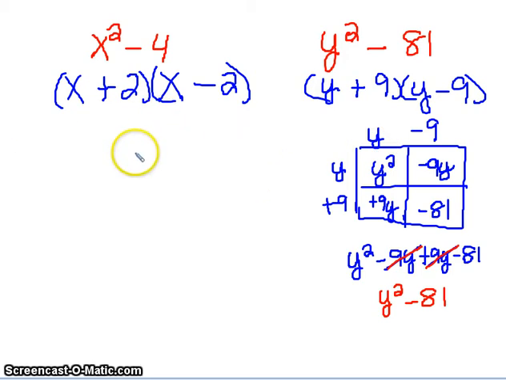Alex, what's another way we can multiply? We can't. But this isn't a trinomial. We can only use the greatest common factor. But do these two terms have a greatest common factor? We don't have a greatest common factor, and it's not in our ax squared plus bx plus c form. It's not a trinomial.